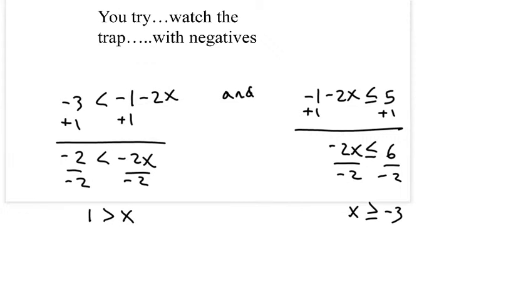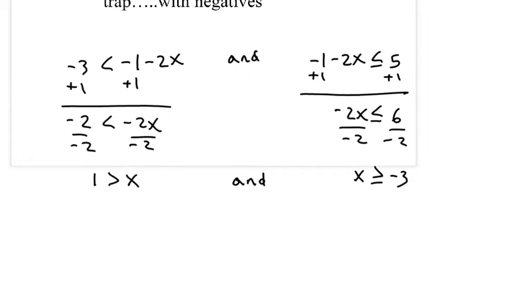We can unite everything since it's an "and" by saying that our solution is x is both greater than or equal to negative 3, and it's also less than 1. Or if you felt like writing it, well, this is probably the more appropriate way, but there are other ways to write this as well.